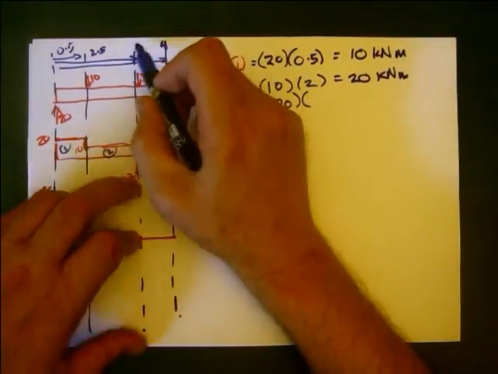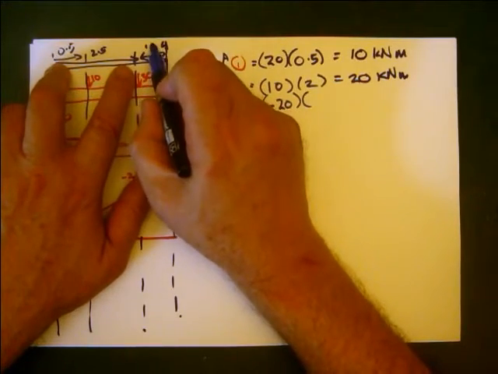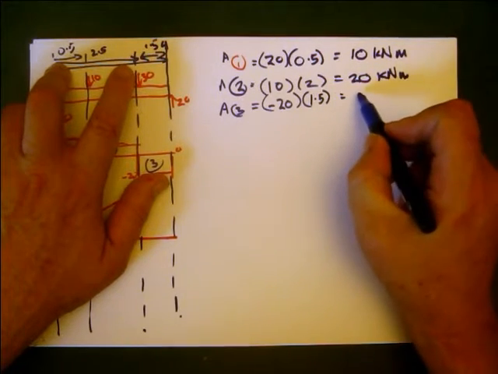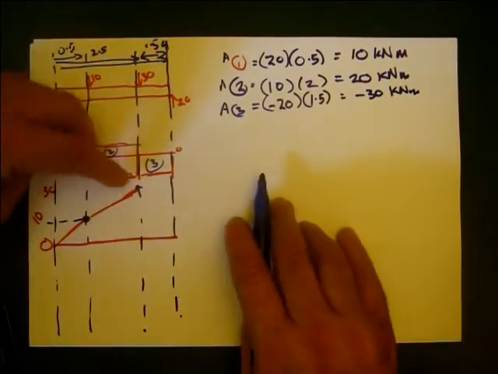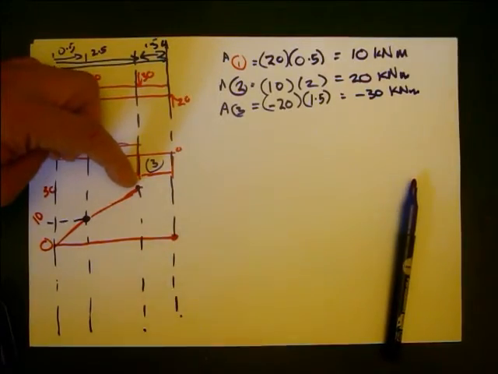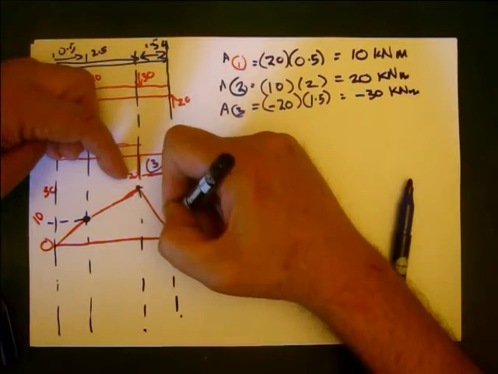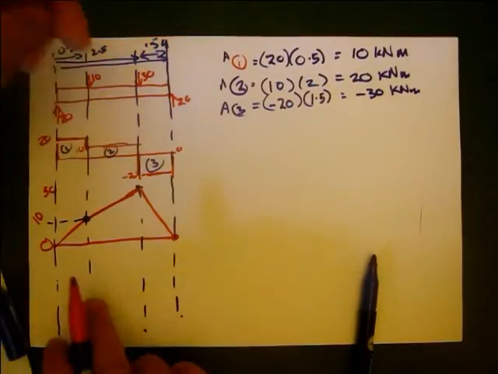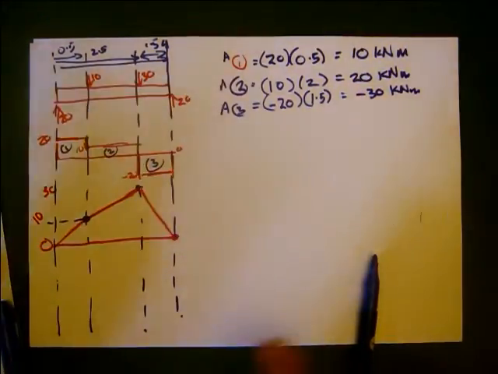The distance from there to there, 4 minus 2.5, is 1.5, so negative 20 times 1.5 equals negative 30 kilonewton meters. So if I subtract 30 kilonewton meters from there, it ends up as 0, and it should at the end of this. So this we know is going to go like that. And that is the bending moment diagram for a simply supported beam with two things.